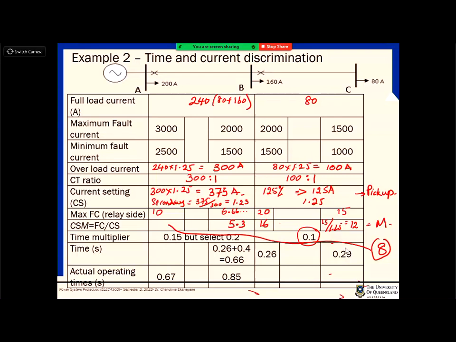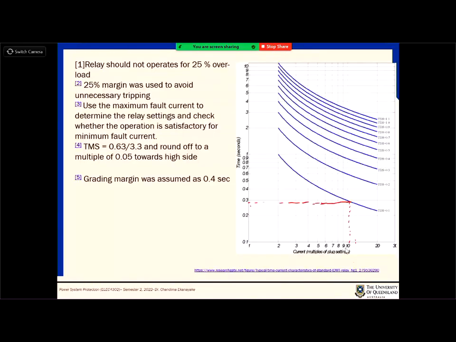So it's a good approach. Now, if you look at the other one, 16. On the same curve, 16 is somewhere here. Right? 16 is somewhere there, because we are on the same curve, because we are using the same relay.